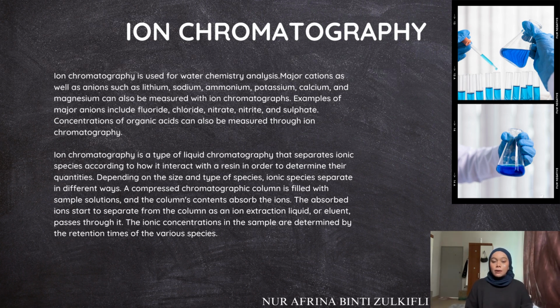In the column, the sample solution is loaded and the column's content absorbs the ions. The absorbed ions start to separate from the column as an ion extraction liquid, or eluent, passes through it. The ionic concentrations in the sample are determined by the retention times of the various species.